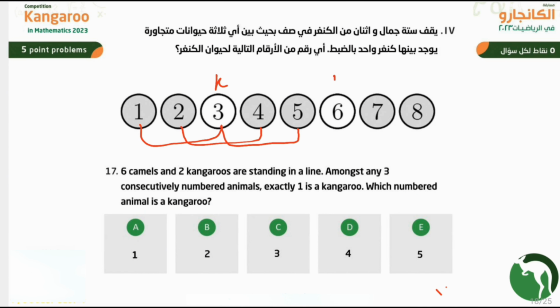Now, if I place the second one here, this one is satisfied, this one is satisfied, and this one is satisfied. So the correct answer is 3 and 6. If we look at the answers here, we have number 3 here, so this one is the correct answer.